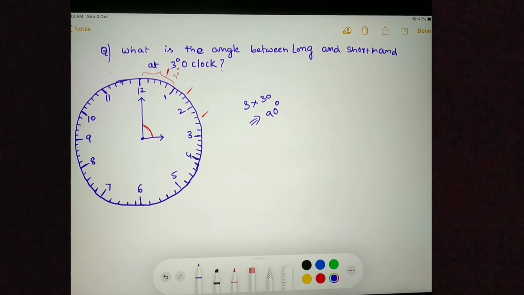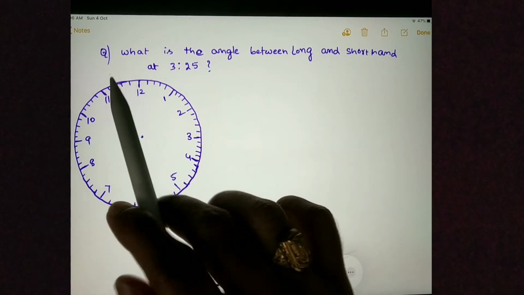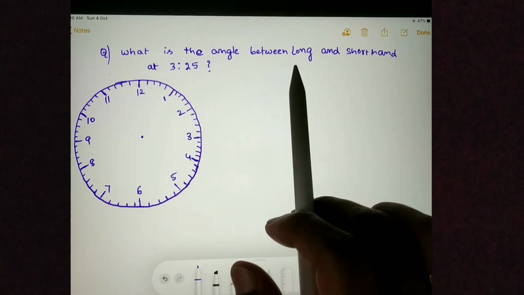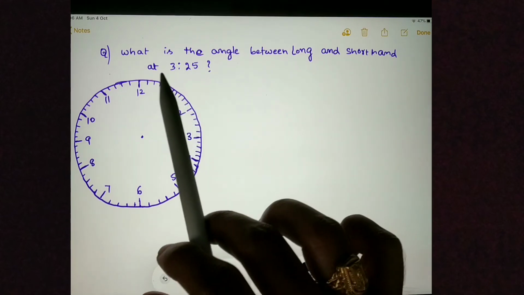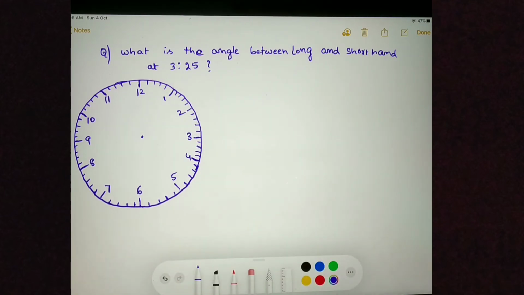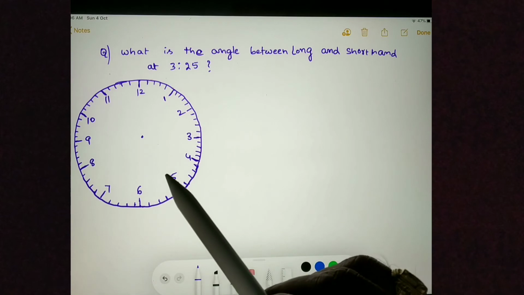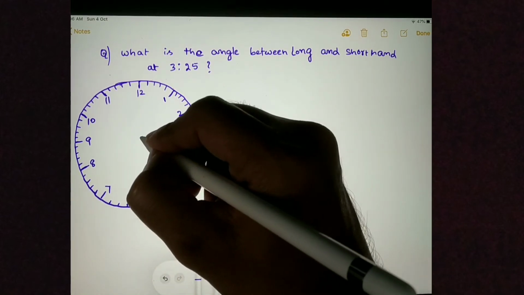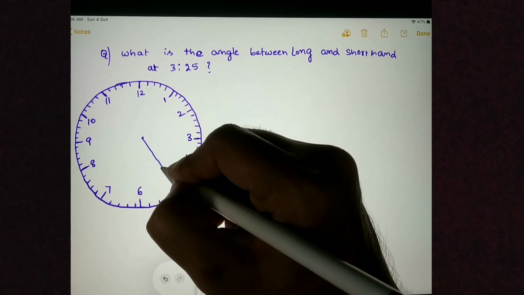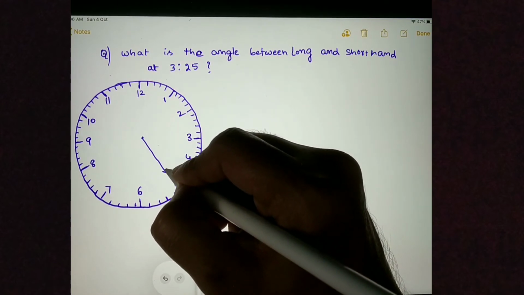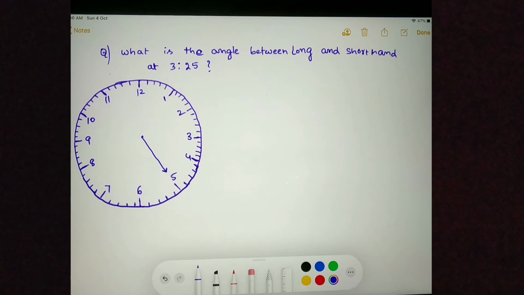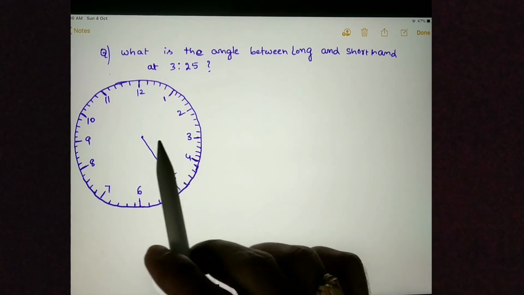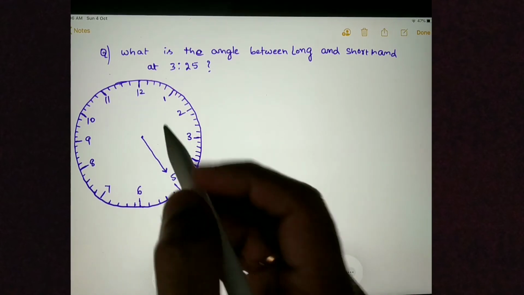Let's move on to another question. Next question is, what is the angle between long hand and short hand at 3:25? At 3:25, the long hand will be exactly at 5. And the short hand will be somewhere between 3 and 4.